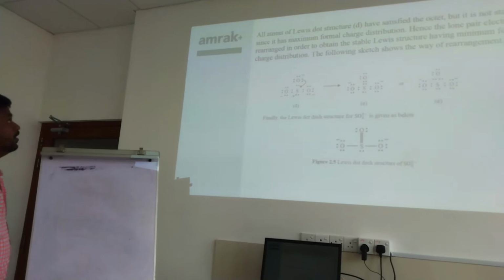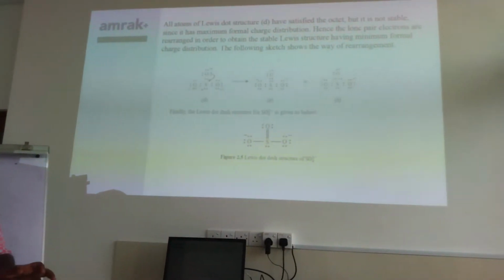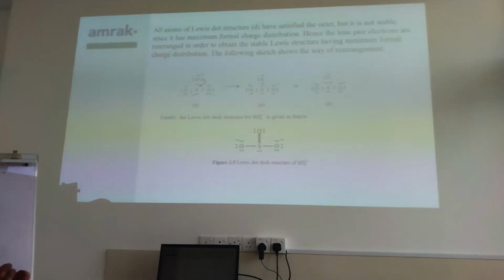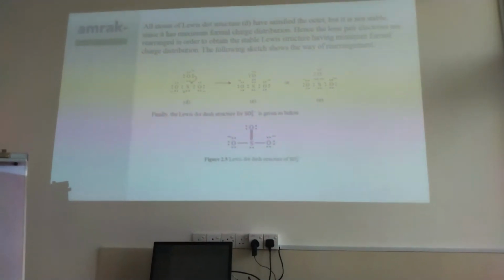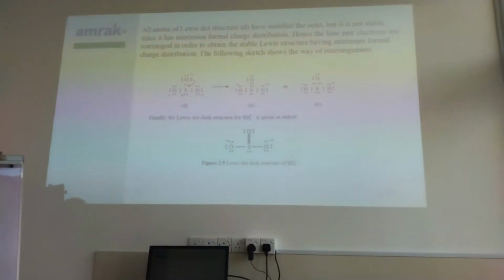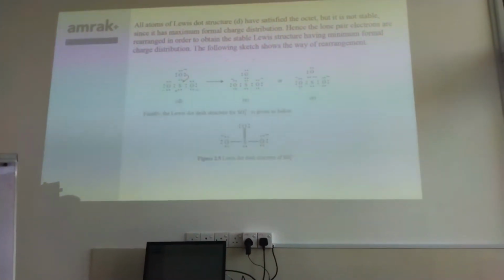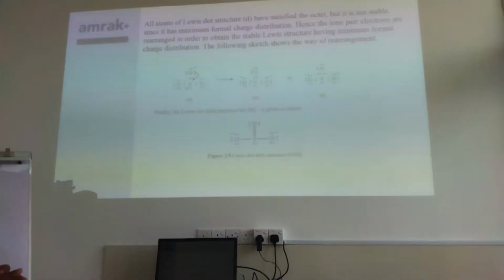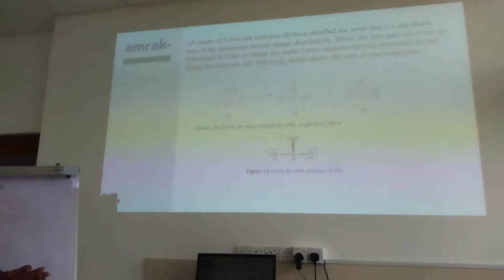All atoms of the Lewis dot structure have satisfied the octet, but it is not stable since it has maximum formal charge distribution. Hence, the lone pair of electrons are rearranged in order to obtain the stable Lewis structure having minimum formal charge distribution. The following sketch shows the way of rearrangement.